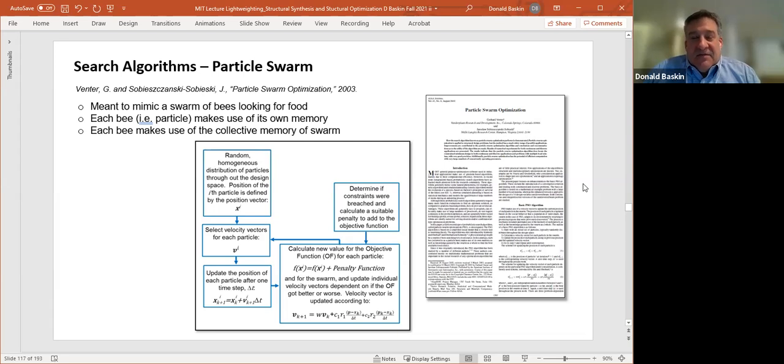And then there's a second set of flights for each of these bees, and then you keep moving in the directions that get to a minimum or maximum, an optimum. And the velocity direction is shared with all the bees. So the successive steps of velocity are taken into account when selecting the new velocity directions after the first go through. And this is also an interesting method of finding an optimum for a function.